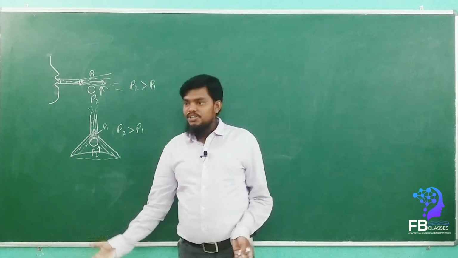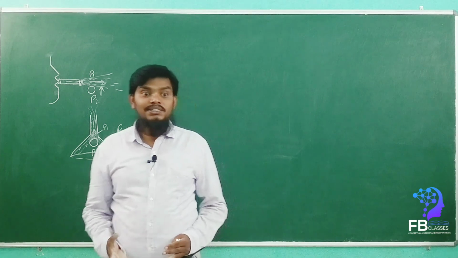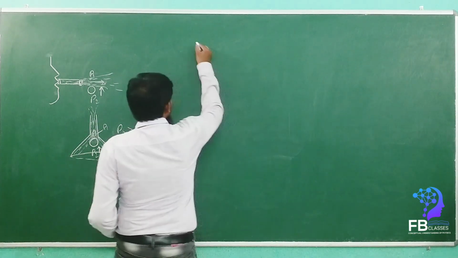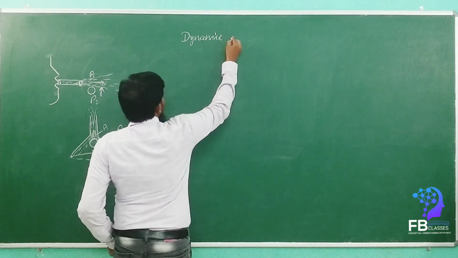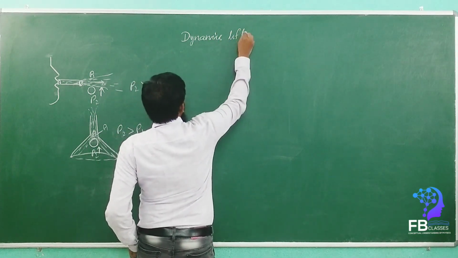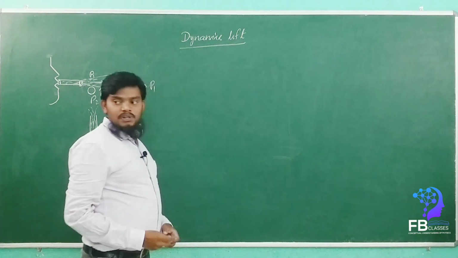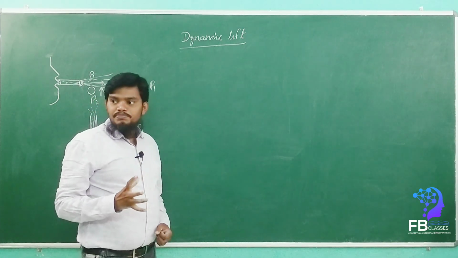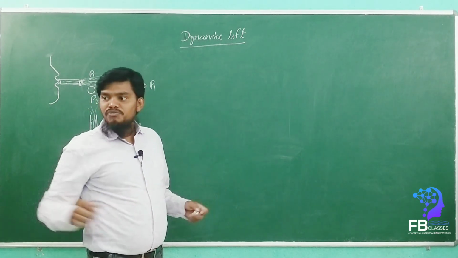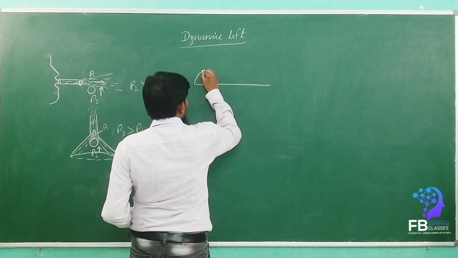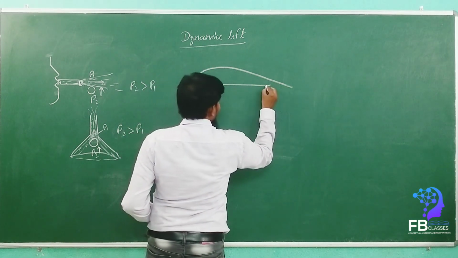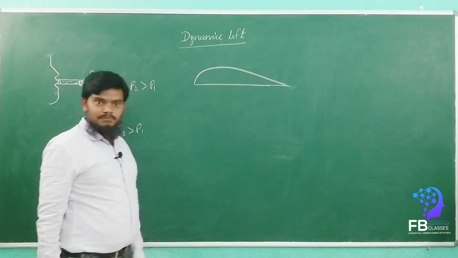The same happens in dynamic lift also. In dynamic lift, if you have carefully observed the wing of an aeroplane, it is made like this. See here, it will be like this, yes or no?